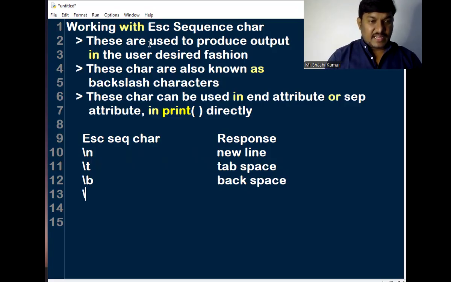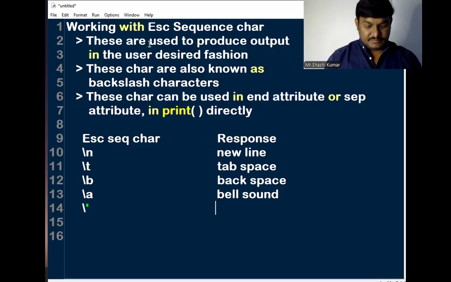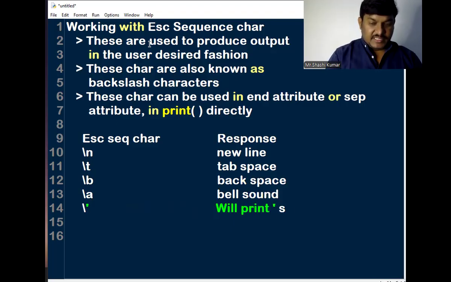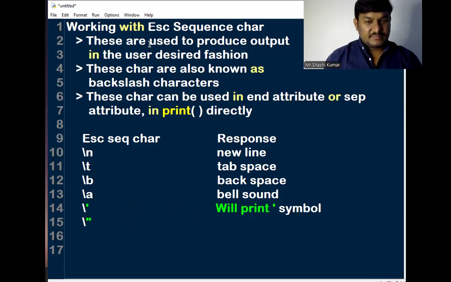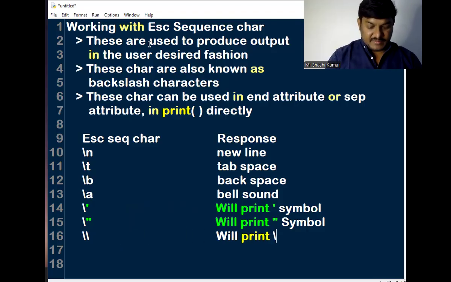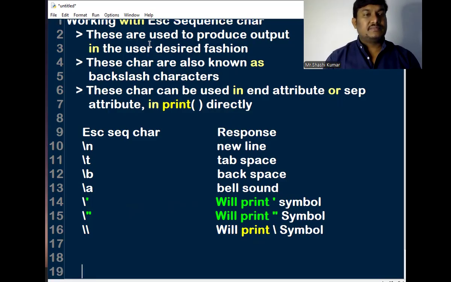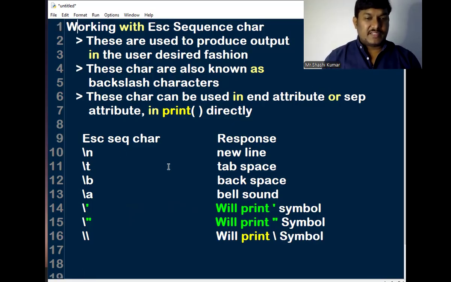Next one, \a is bell sound. \' will print a single quote symbol. \" will print a double quote symbol. \\ will print a backslash symbol.